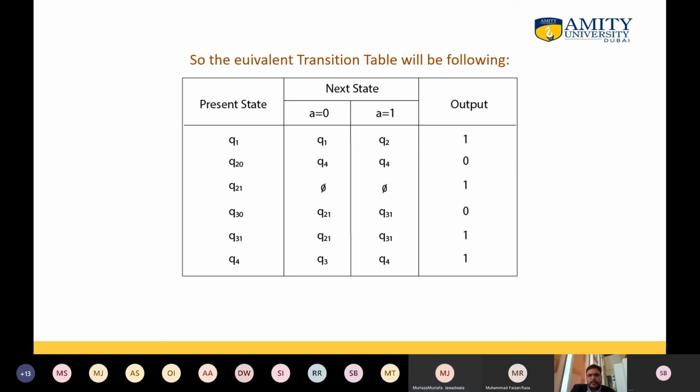Same thing, you come to Q30 and Q31 now. Q30 input, where were you going?